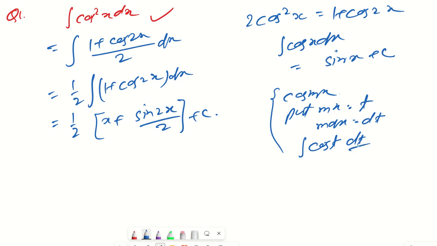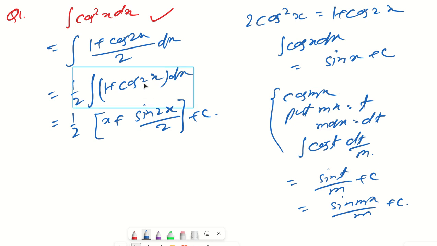That's the reason the constant comes into the picture, which is down. So this will become sin t by m, and this is going to be sin mx by m. Whenever you see a constant in the argument, you have to just do the simple integration divided by that constant.